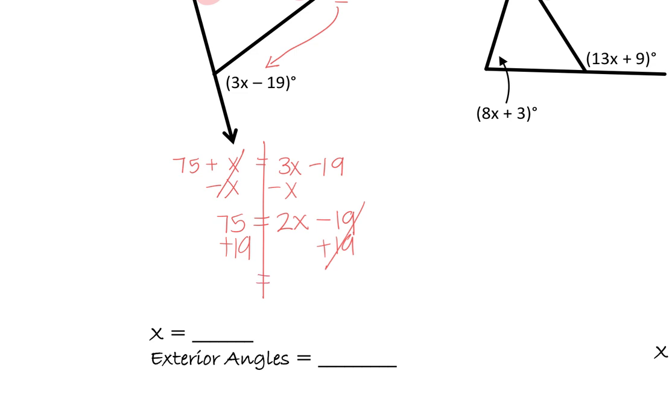We add all of this together, and you should get 94 equals 2x. My last step is to divide. X equals, please use your calculator as much as you can so you don't make any mistake, but you should get 47.